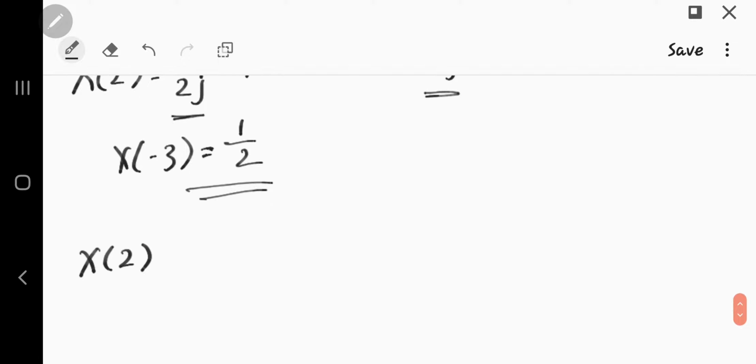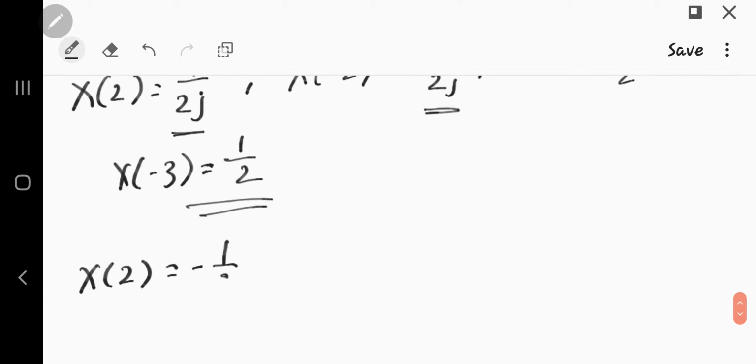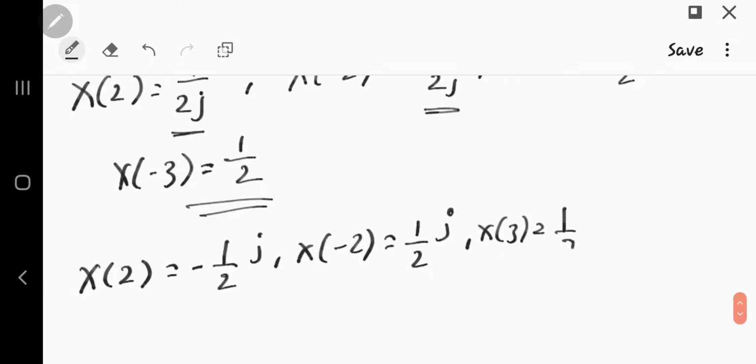For x of 2 we can write minus 1 by 2 into j, and for x of minus 2 plus 1 by 2 into j. For x of 3 we have no imaginary term, so it is just 1 by 2, and x of minus 3 is again 1 by 2. So these are the values.